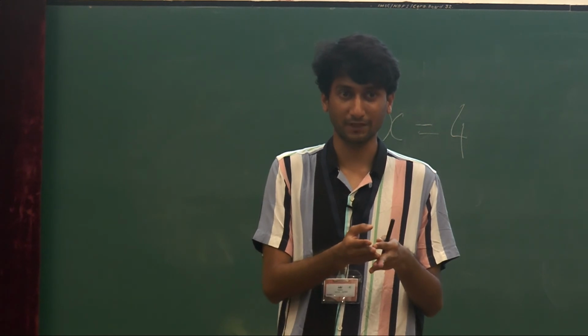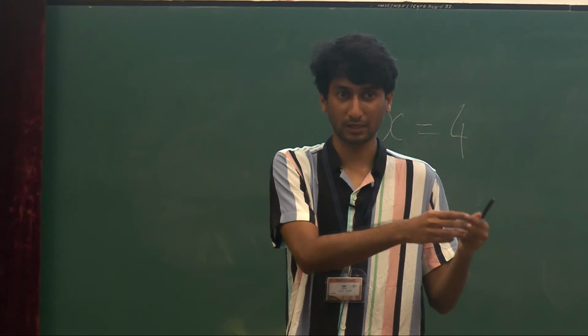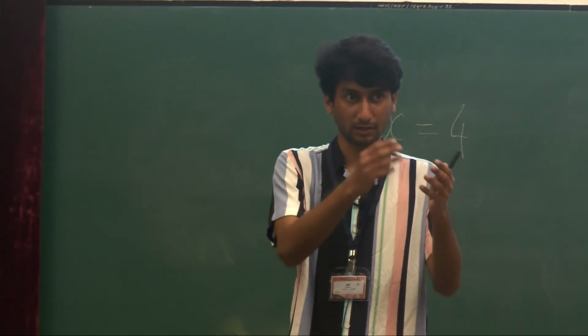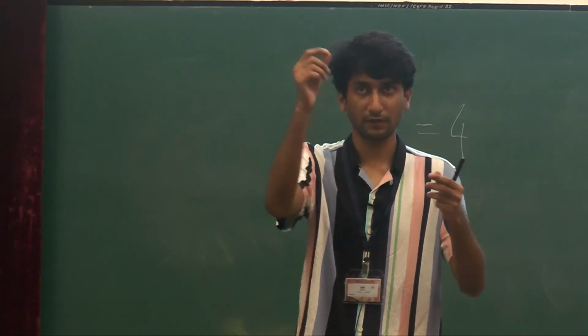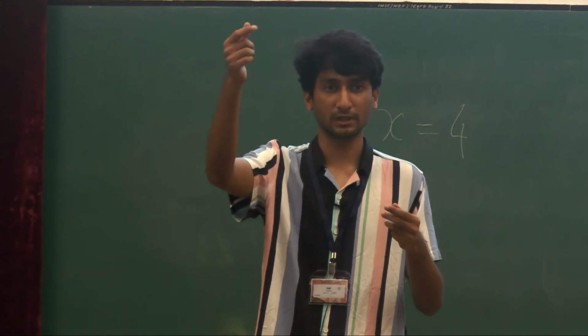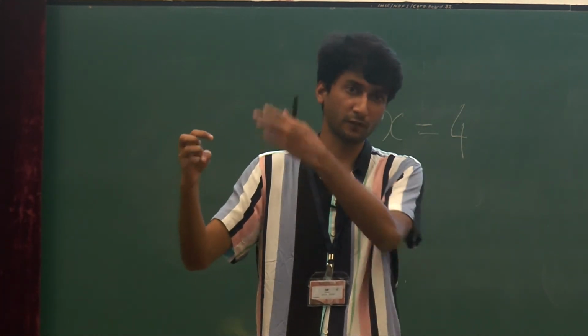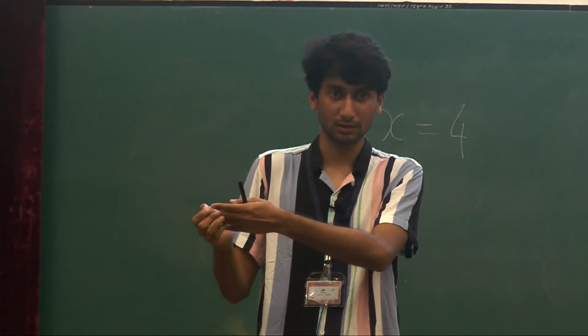Actually, we have a proof of why the cardinality of the set of rational numbers cannot be greater. Here I'm not convinced, because what if at some nth element I take my digit to be different from x and n? How am I sure that I'm not getting an irrational number?